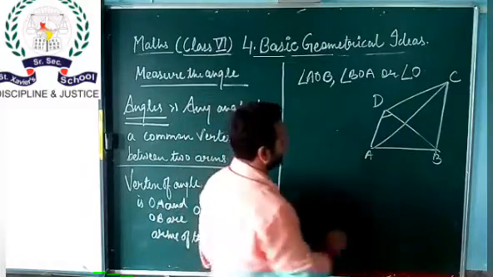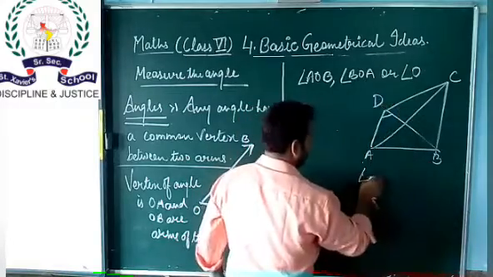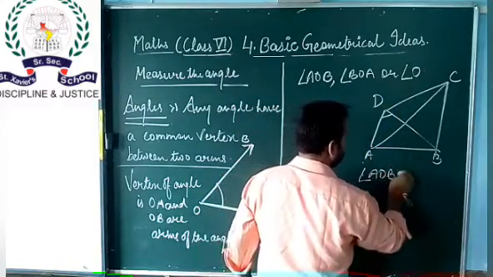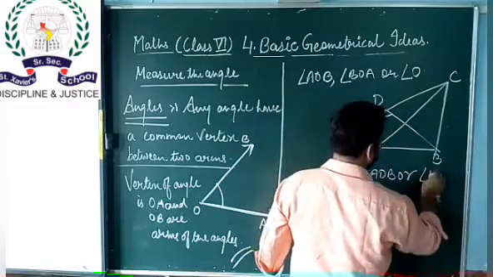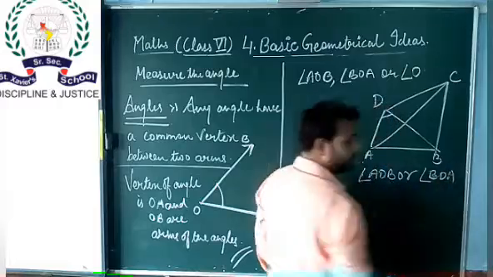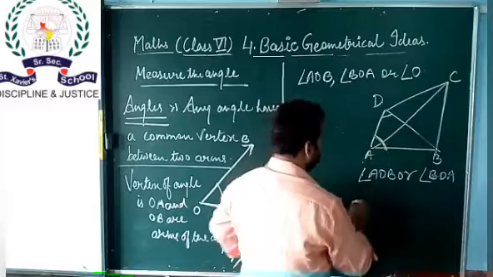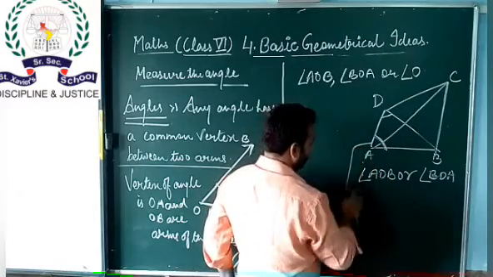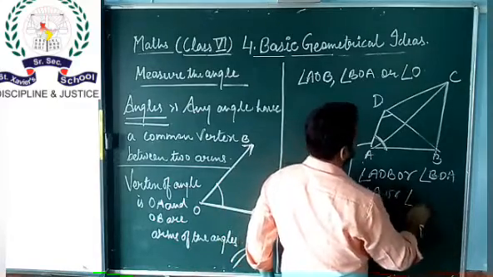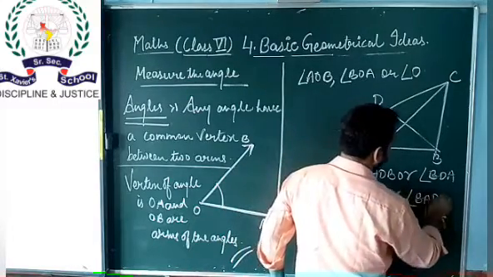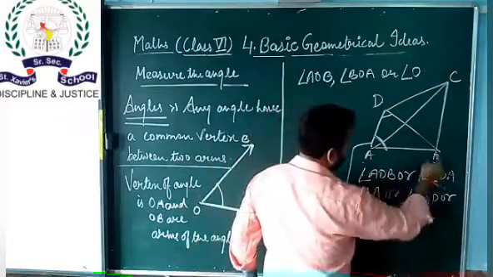The name of this angle is angle A, or you can write angle BAD, or angle DAB.